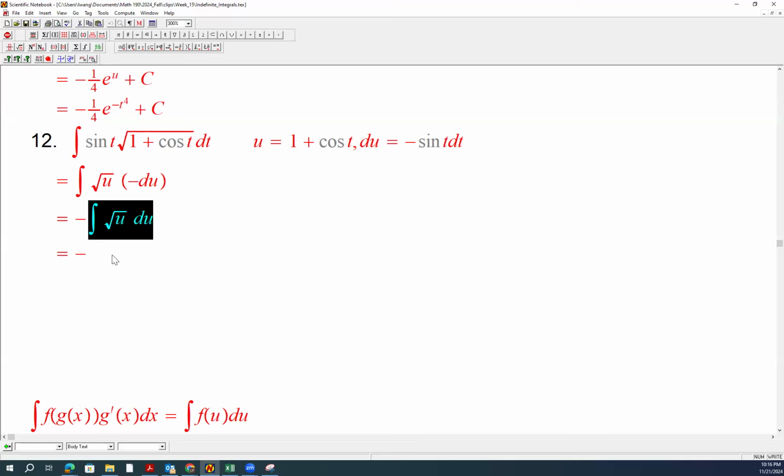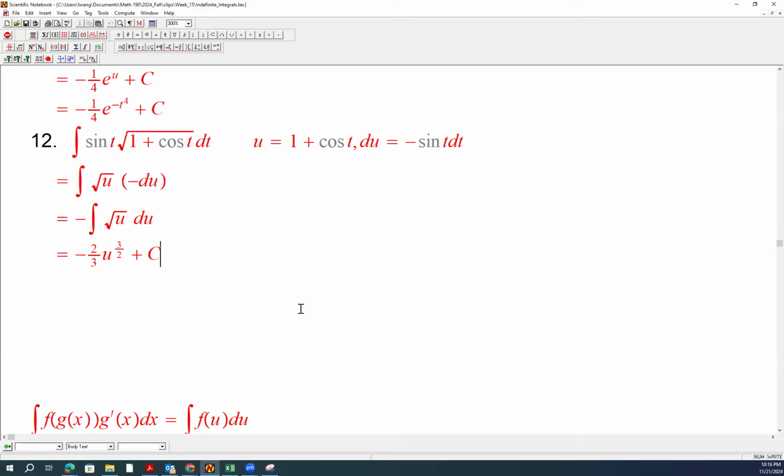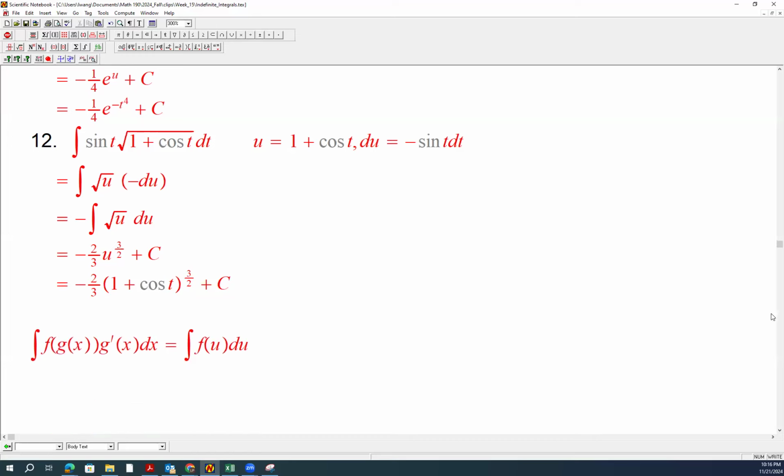The antiderivative of root u is 2 over 3 u raised to the power of 3/2, plus a big constant. Last but not least, we're going to have to bring the u back in terms of t. So our u will be replaced. There. Finished. That's the answer.